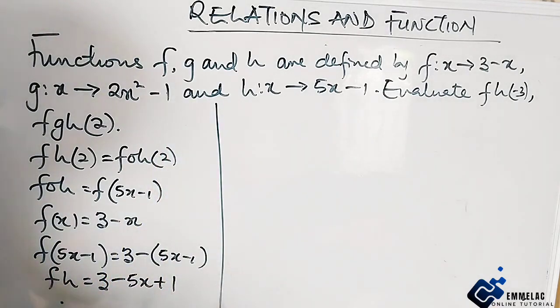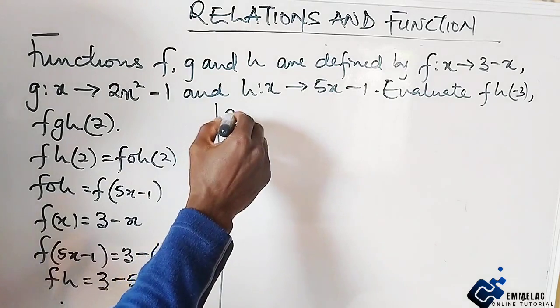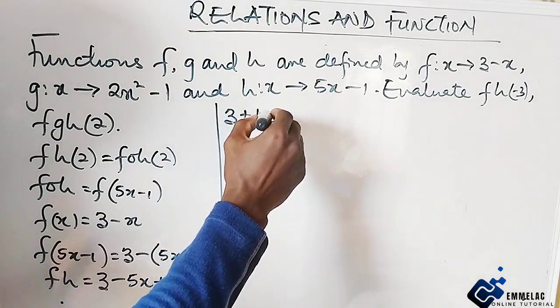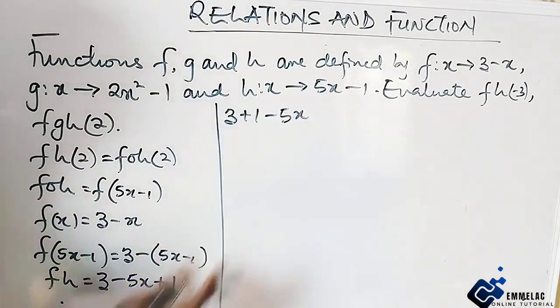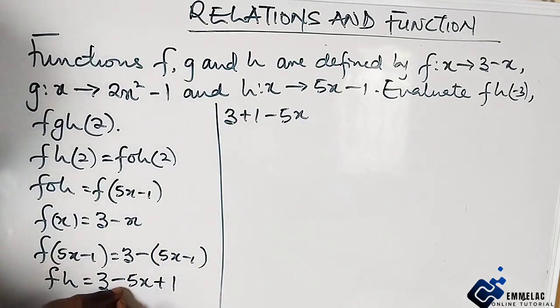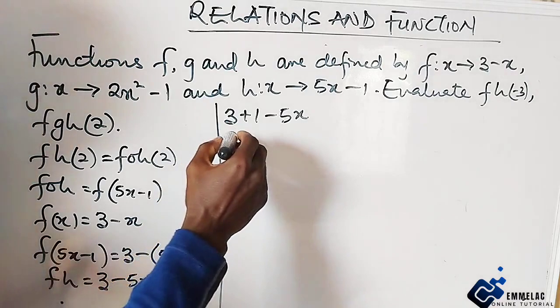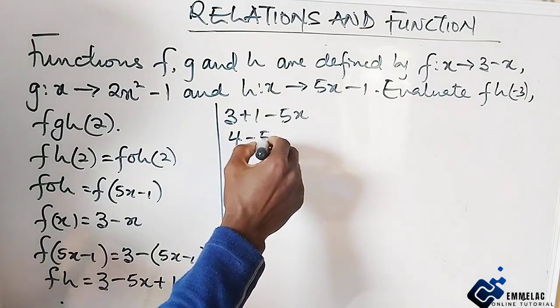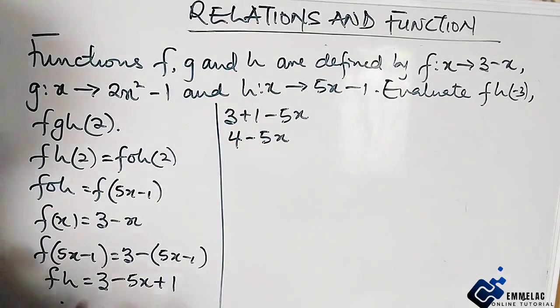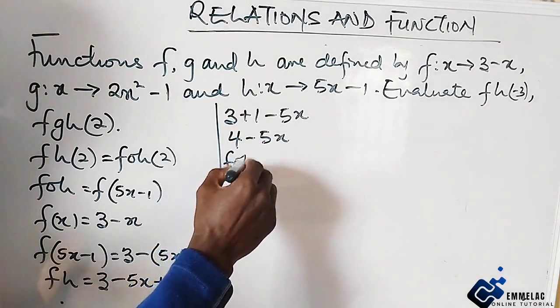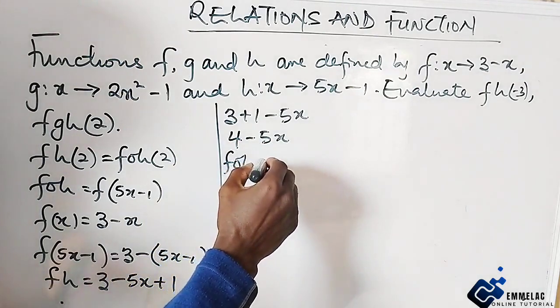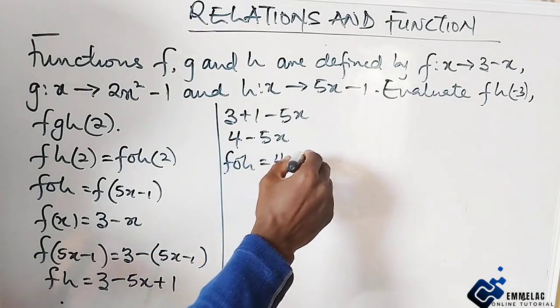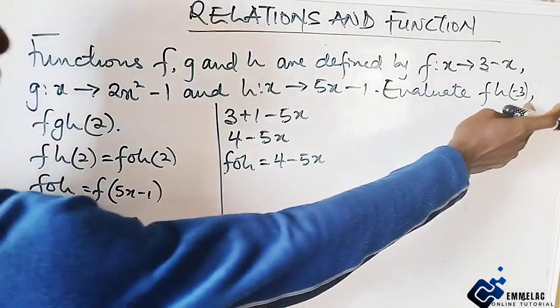Moving further, collecting like terms, we have 3 plus 1 minus 5x. This 5x carries its minus along, and this 3 has its plus and this 1 has its plus. So here we have 4 minus 5x. So f of h is now 4 minus 5x, but take note, minus 3.